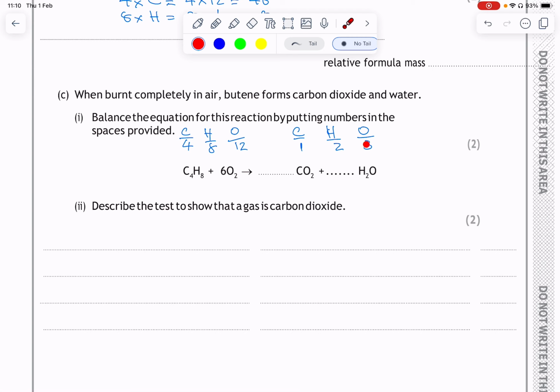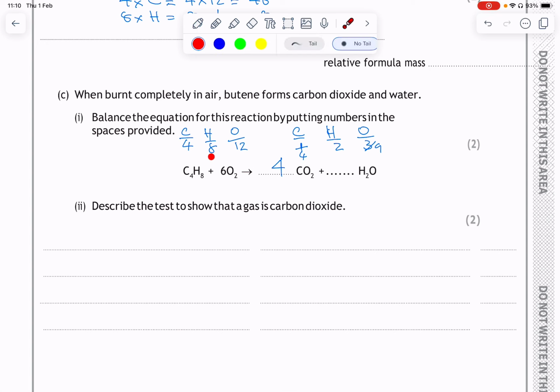So I have to try and get these numbers to become the same as these by balancing the equation out. So how am I going to get 4 carbons? Well, let's test it out, put a 4 in front of here. So that gives me 4 carbons. That will give me 8 of these, and plus 1 here is 9 oxygens at the moment, which is still not quite right.